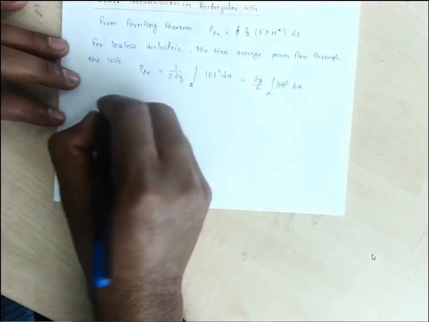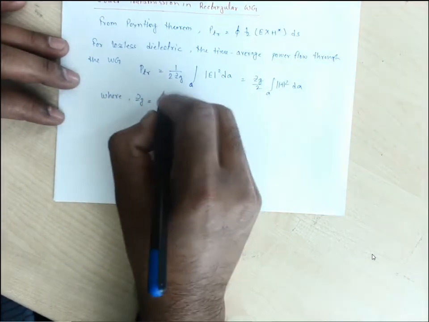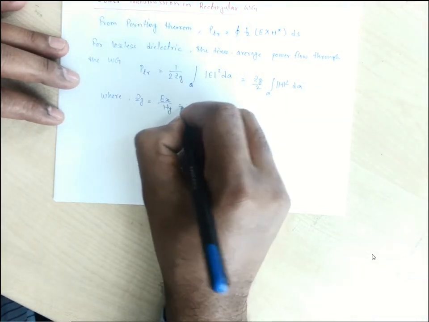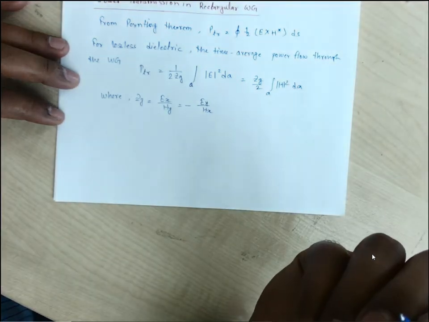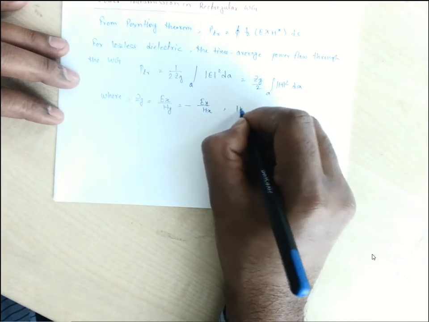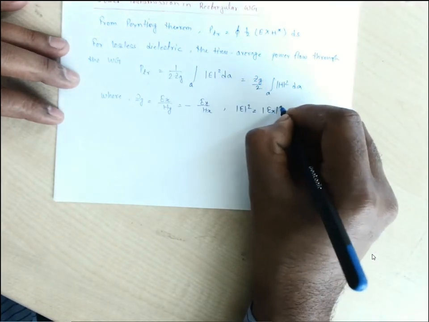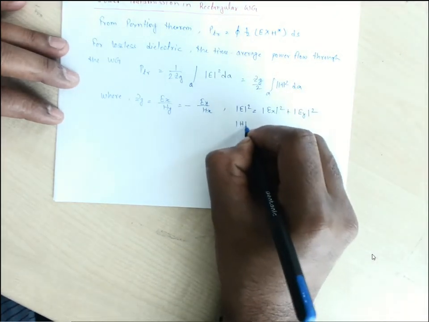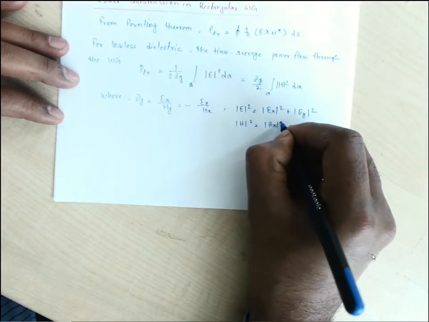So what is this Zg? Where this Zg is Ex by Hy or minus Ey by Hx. This mod of E square is the electric field in both the directions. Mod of H square is the magnetic field in both the directions.